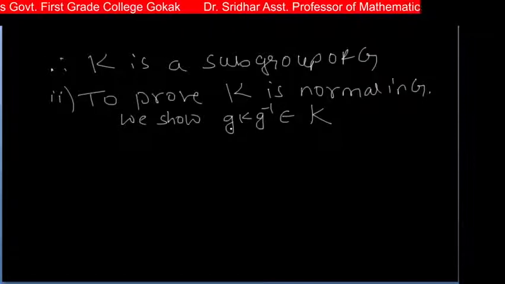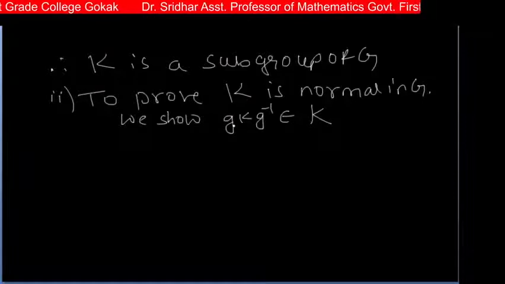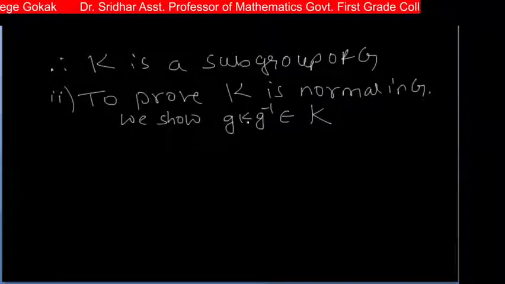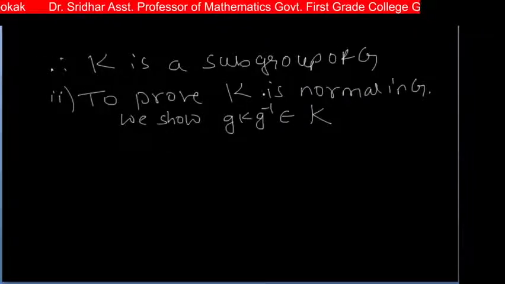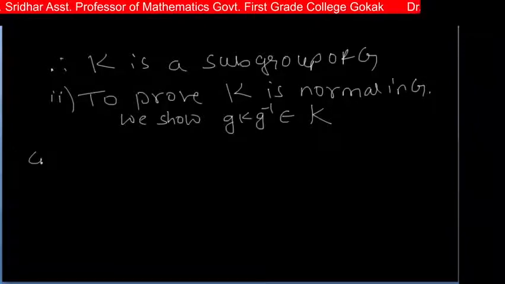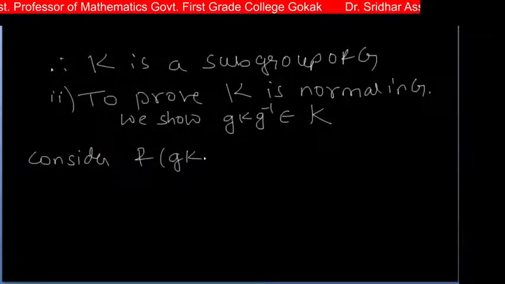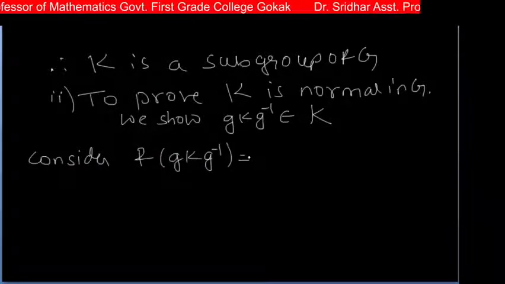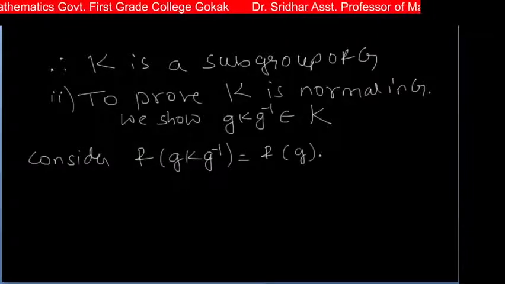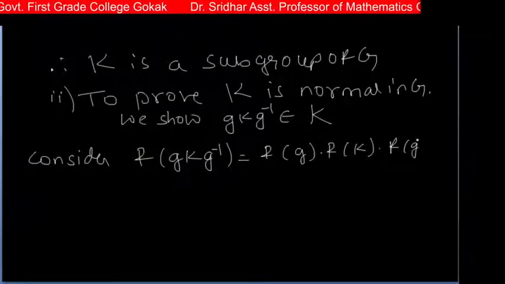So to prove g k g inverse belongs to K, we prove that f of g k g inverse is equal to e dash, that is, the image is equal to e dash. Now consider f of g k g inverse. As it is a homomorphism, it is the same as f of g, f of k, f of g inverse.